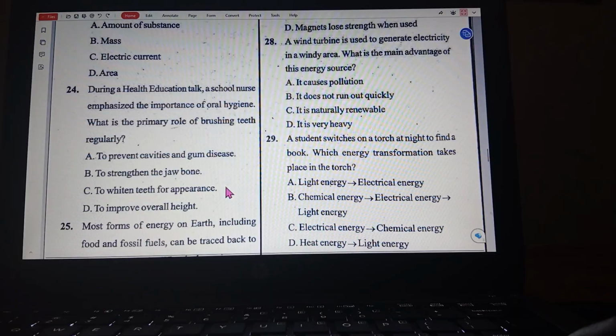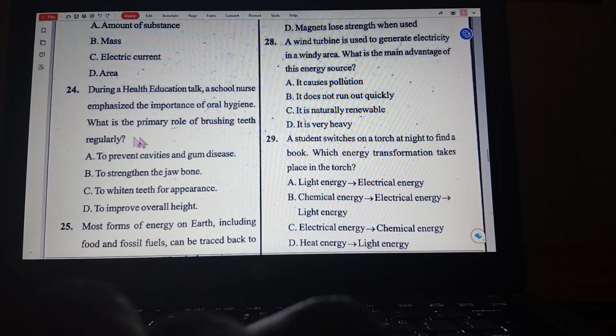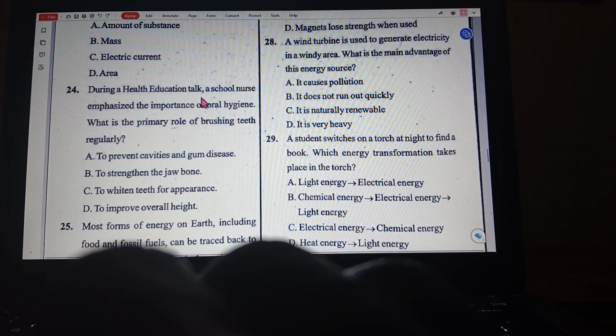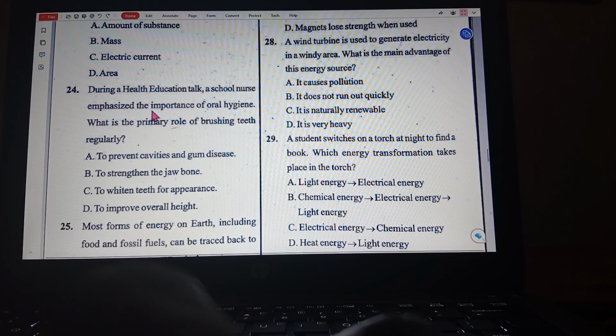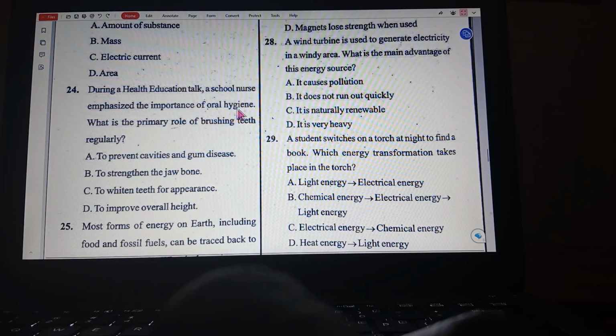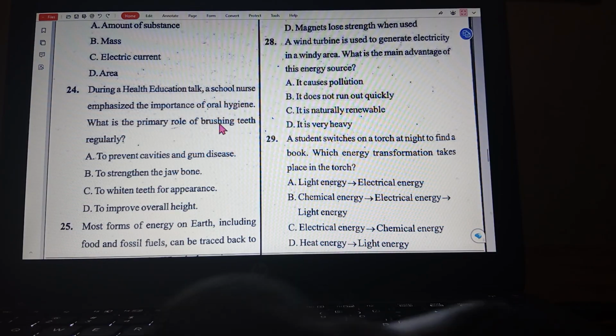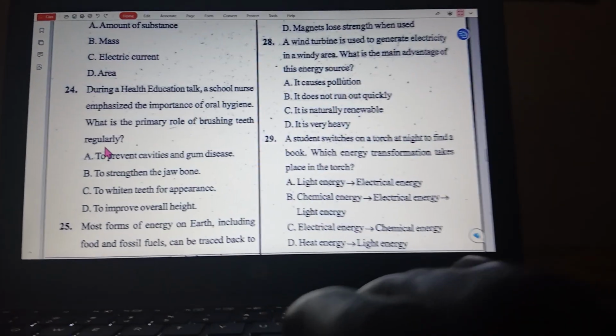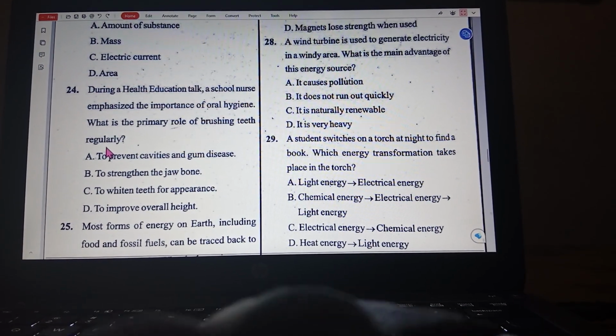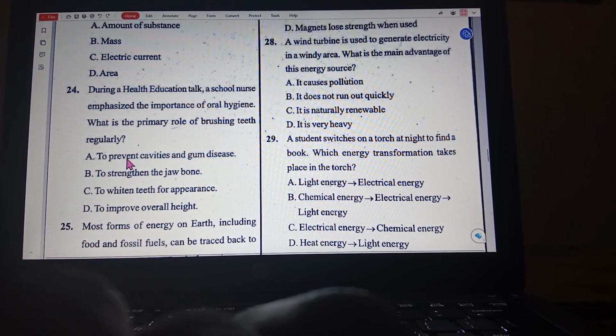Now, question 24. During a health education talk, a school nurse emphasized the importance of oral hygiene. What is the primary role of brushing teeth regularly?